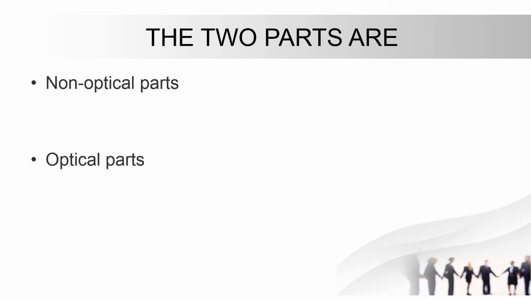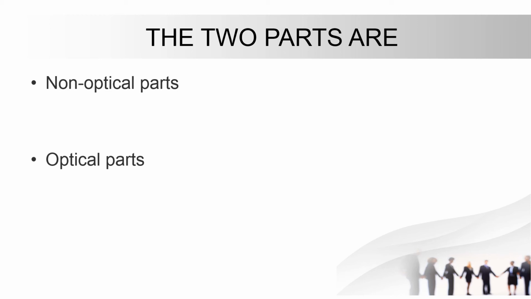The optical part of the microscope is the part that has to do with light, either with light adjustment, production of light, or whatever. Optical means light, so the part that deals with light is known as the optical part, and the part that does not deal with light is known as the non-optical part.